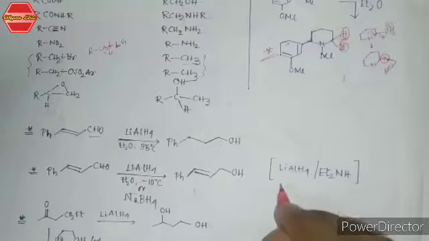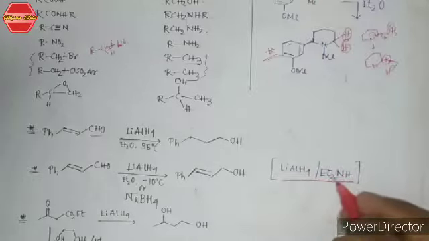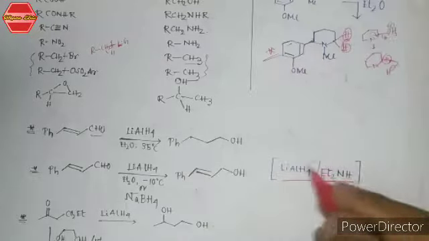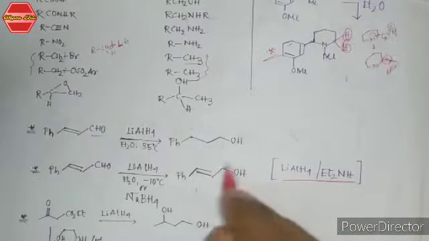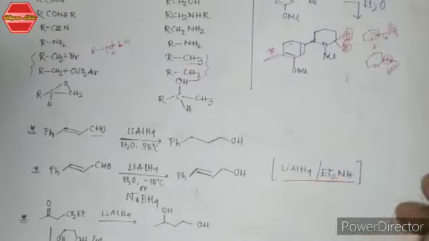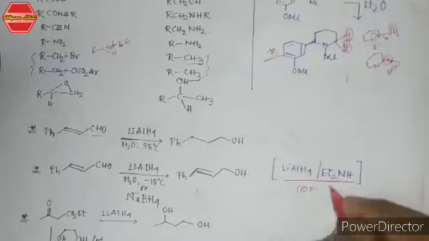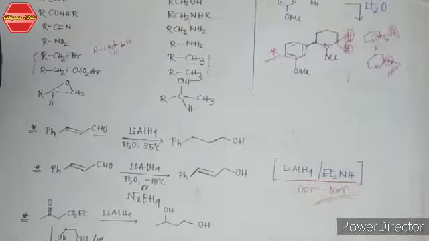These reactions can also be achieved with lithium aluminum hydride in the presence of diethylamine. In the presence of diethylamine, it can also reduce only this aldehyde. This is another process, and it is done at room temperature. Okay, so this is your product.